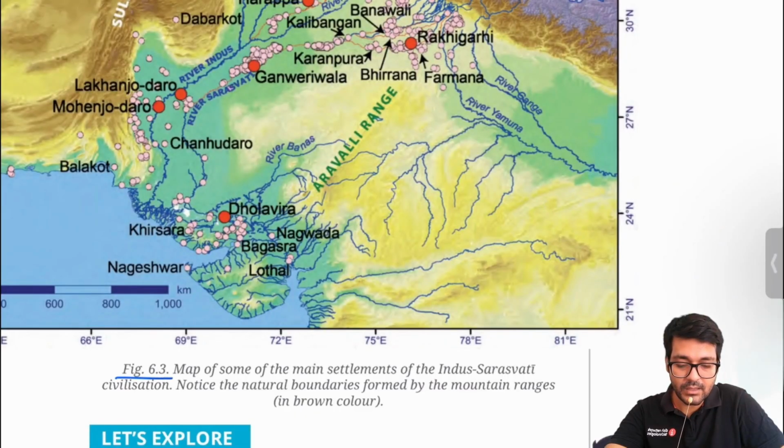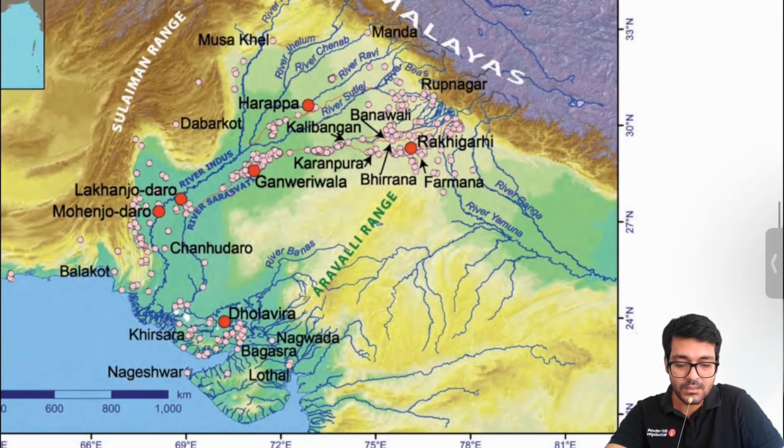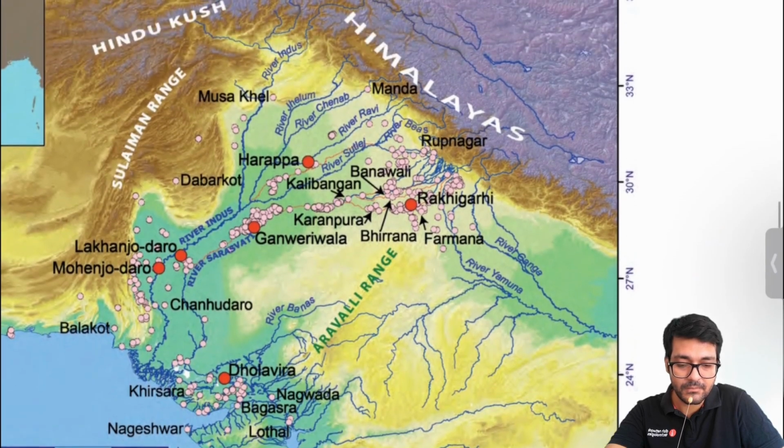Figure 6.3, map of some of the main settlements of the Indus-Sarasvati civilization. Notice the natural boundaries formed by the mountain ranges in brown color. This is a thematic map of the main settlements of the Indus-Sarasvati civilization.